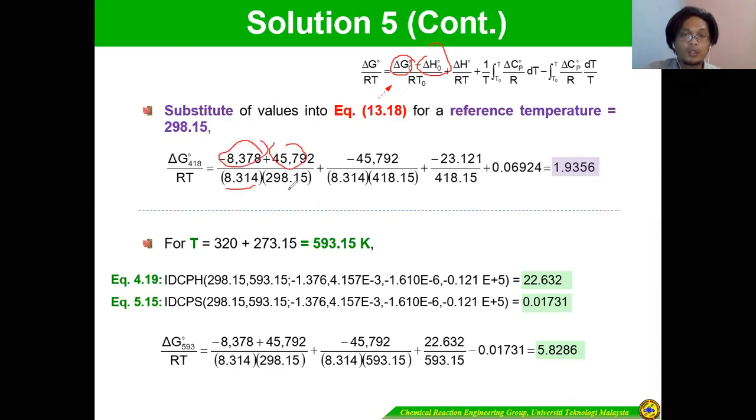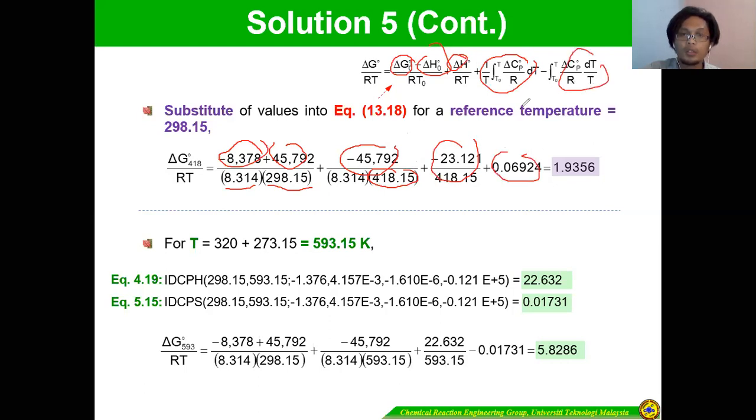This one is R, T naught at 298, and the value of T. This one is also H naught at the standard state. This one is Cp for enthalpy and this one is for entropy.